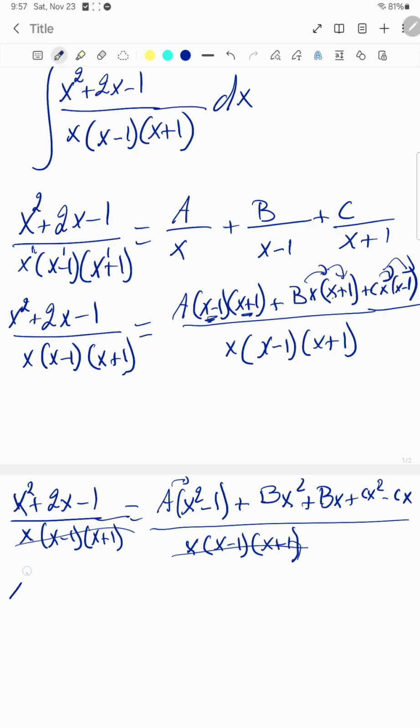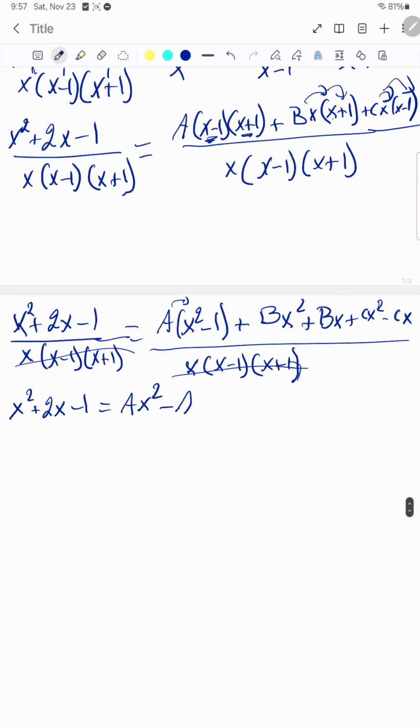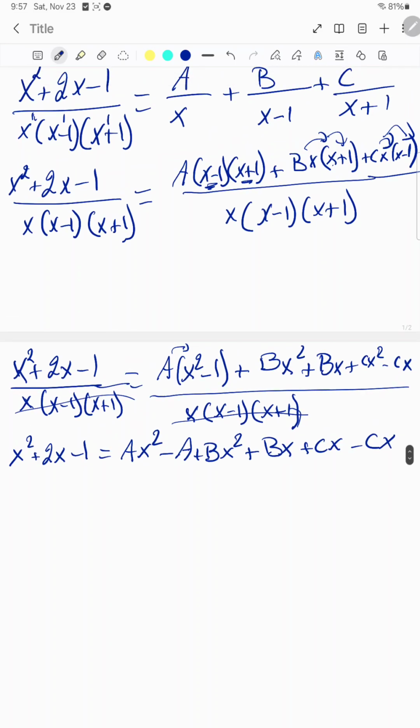So I will have x squared plus 2x minus 1 is equal to ax squared minus a plus bx squared plus bx plus cx squared minus cx.